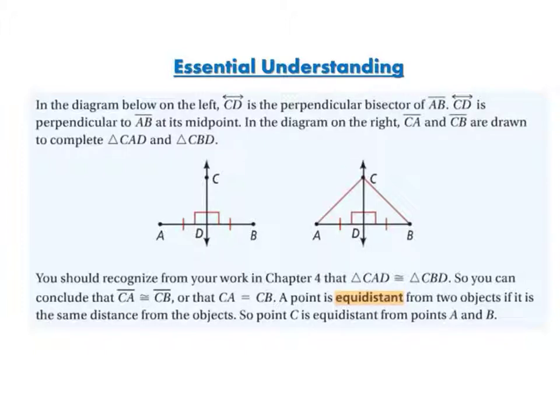Now they say that a point is equidistant from two objects if it is the same distance from the two objects.